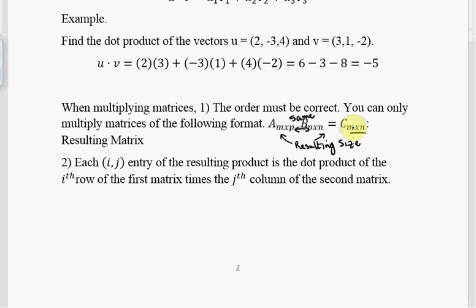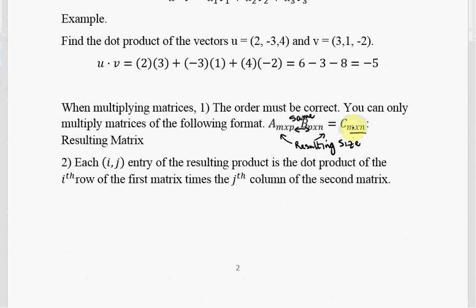Now each entry, each IJ entry of the resulting product, is the dot product of the ith row of the first matrix times the jth column of the second matrix, dot product.